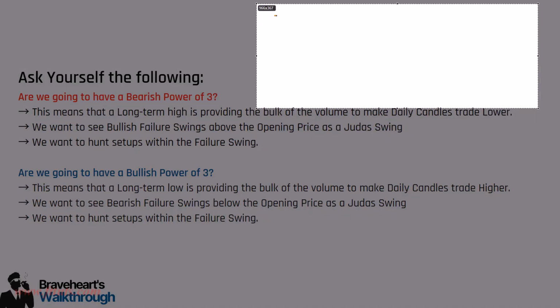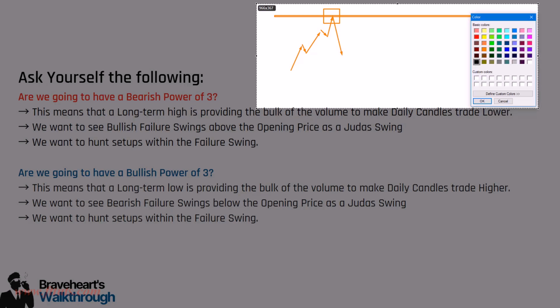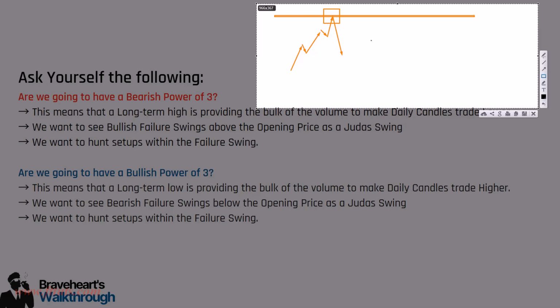So let's explain this. If we're expecting this to be a long-term high, that means we're going to have bearish candles to the downside now. But how we're going to trade that is using the market opening price, which is midnight open. So at midnight opening, we're going to expect a bullish failure swing, which is going to do what?